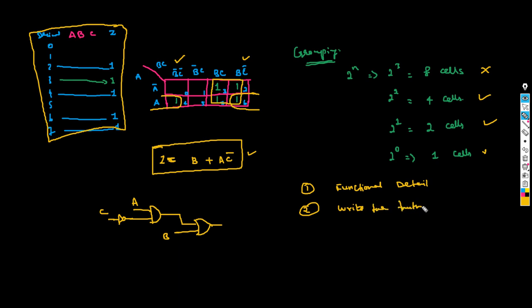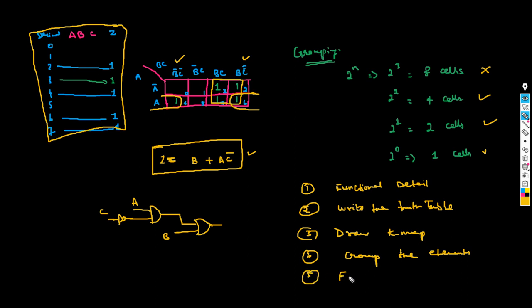Next, draw the K map. Group the elements. Then find the final output equation, and then draw the circuit.